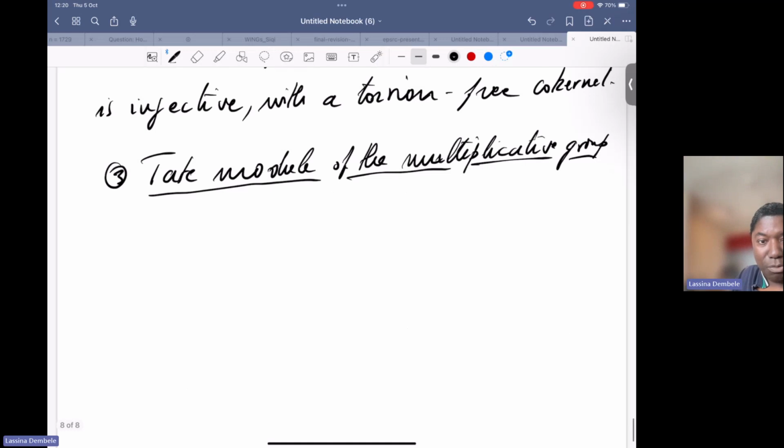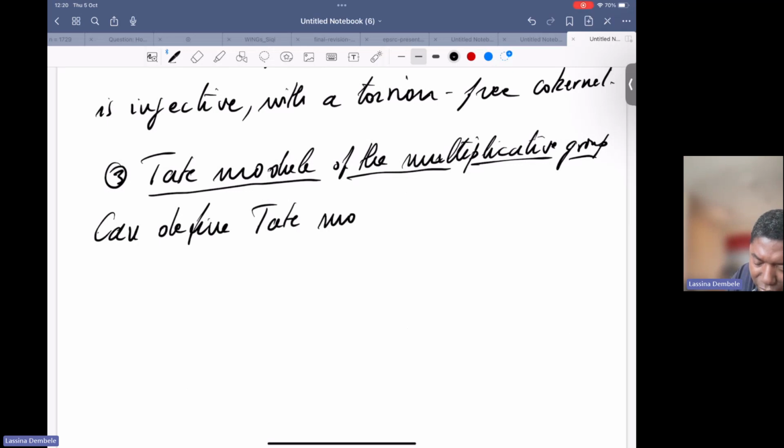So we can define a Tate module for most group schemes.